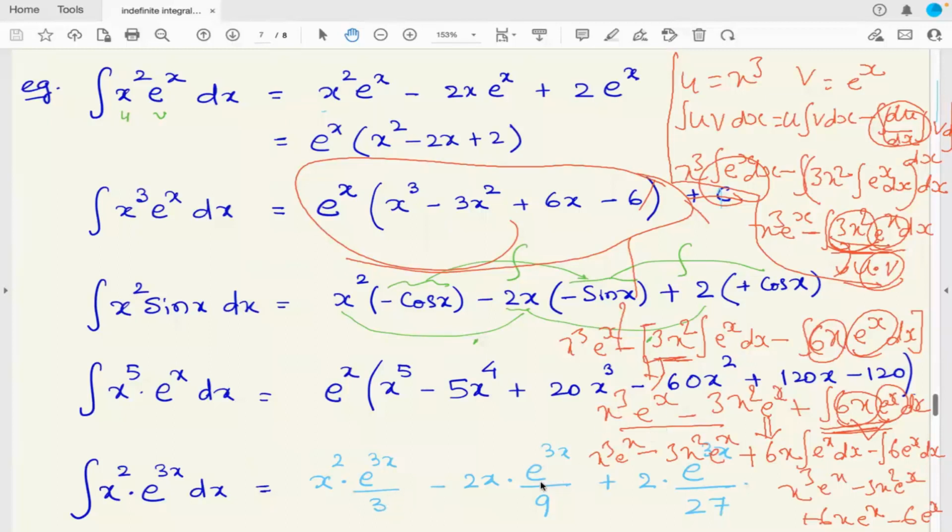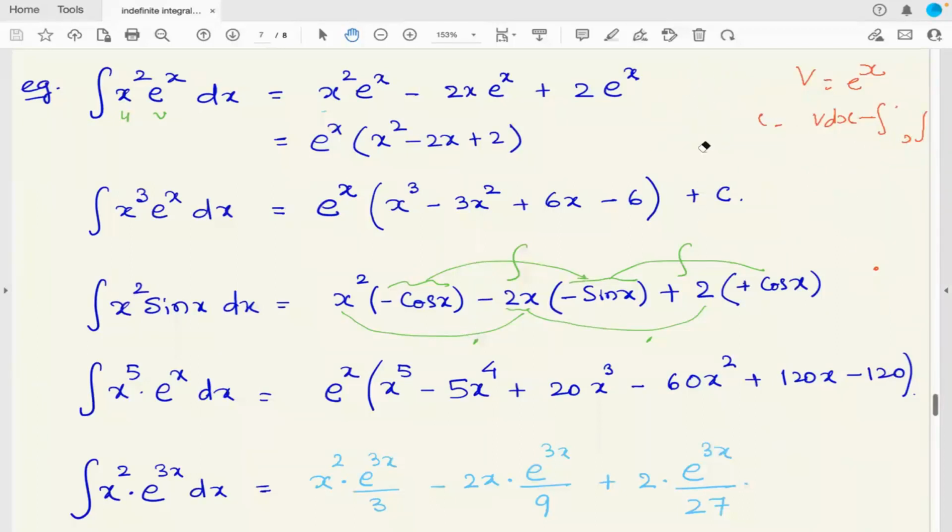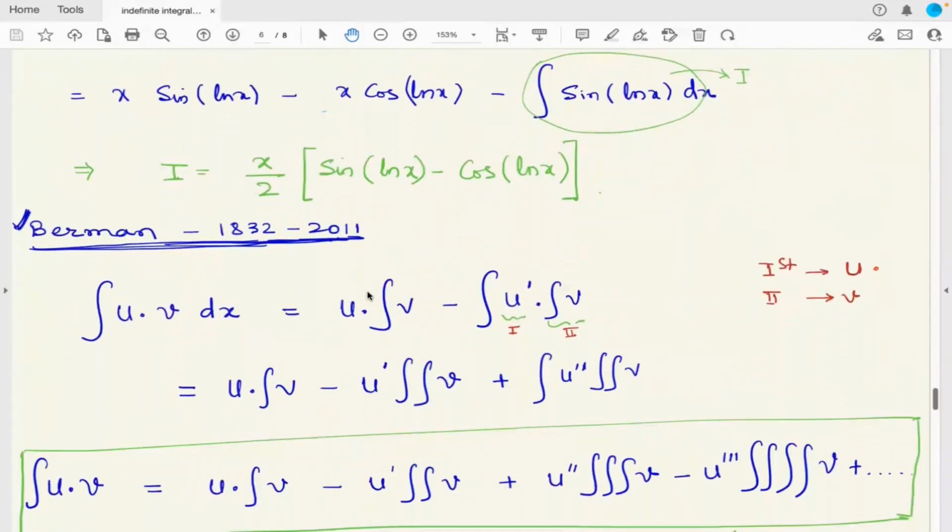So let me erase it first. So what is actually the trick in it? Let me erase it first, then I'm explaining that thing. Okay.